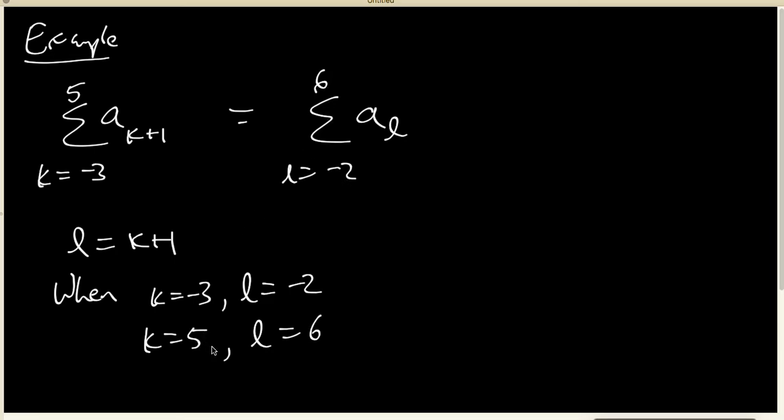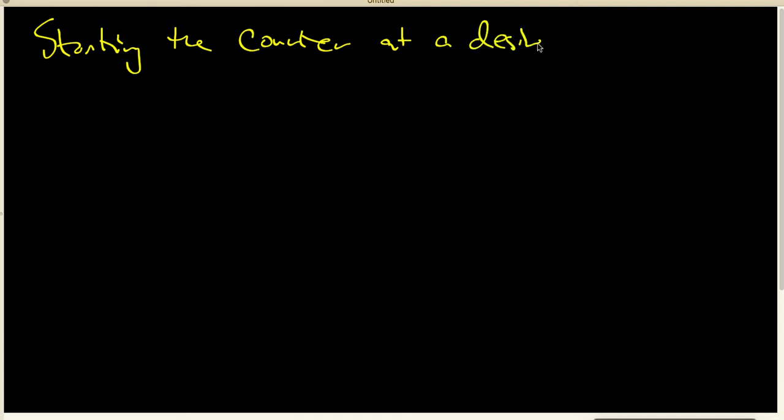Now, the other time when we want to rechange the counter is when we want to make the counter start at a particular value. So let's look at that idea as well: starting the counter at a desired place.